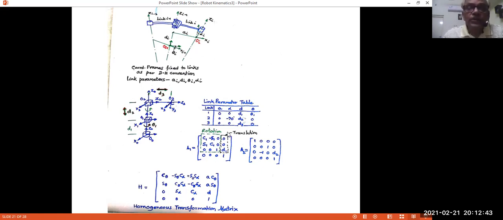We say this is the earlier homogeneous transformation matrix, which we got by multiplication of two screw matrices, that is movement and rotation. When we multiplied these two, we got this homogeneous transformation matrix. You substitute a, alpha, d, theta; for the first link, a is 0, alpha is 0, d1 and theta 1 is a joint variable.